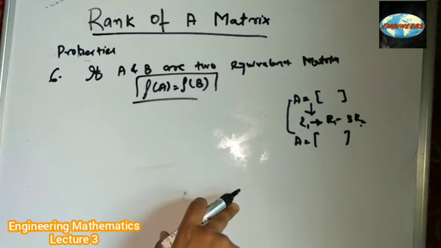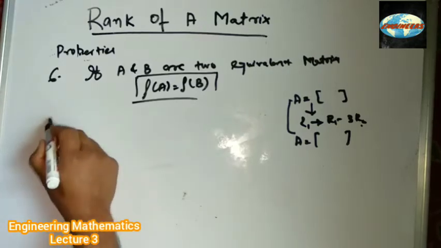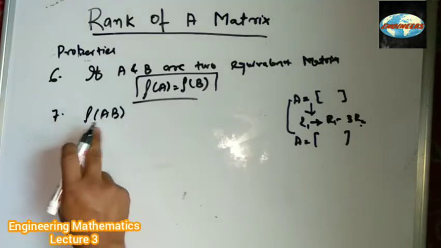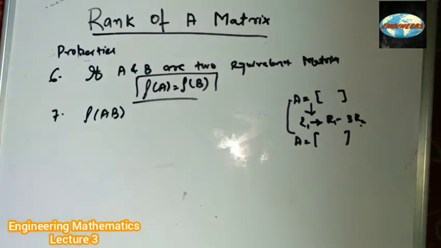And one more property, the seventh property, rank of AB. A is one matrix, B is one more matrix.